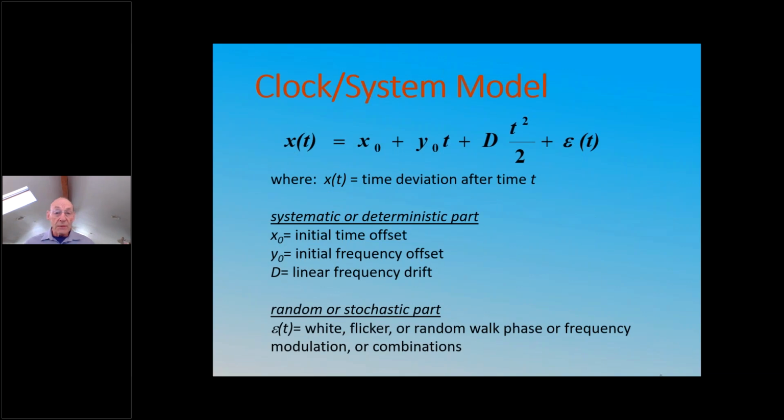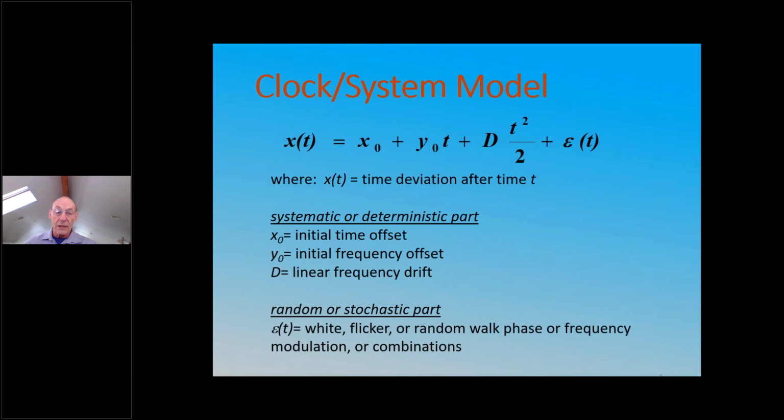So here's the model. It's really simple. There are three terms that are systematic: the initial time offset, the initial frequency offset, and then what we in the timing community call drift, which is linear frequency drift. I know a lot of folks call drift what I'm calling the frequency offset, so there are some language differences.